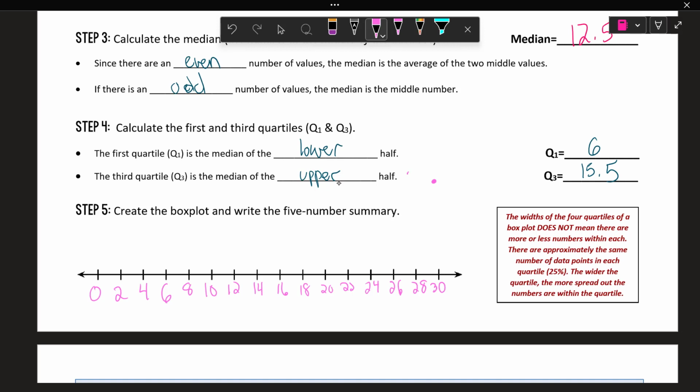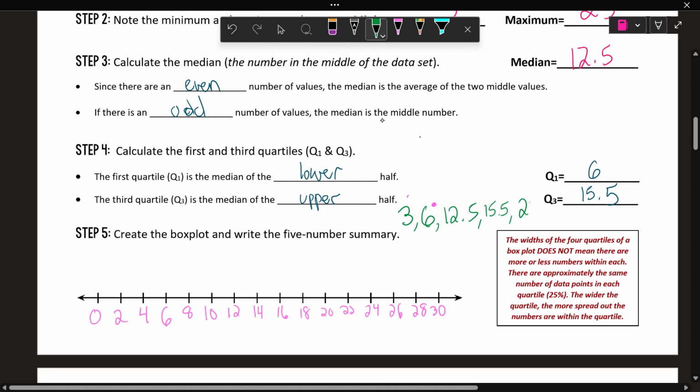Okay, so now we need to mark, well, let's write our 5-number summary first. So our lowest value was 3. Our Q1 was 6. Our median was 12.5. Our Q3 was 15.5. And 25 was our largest number.